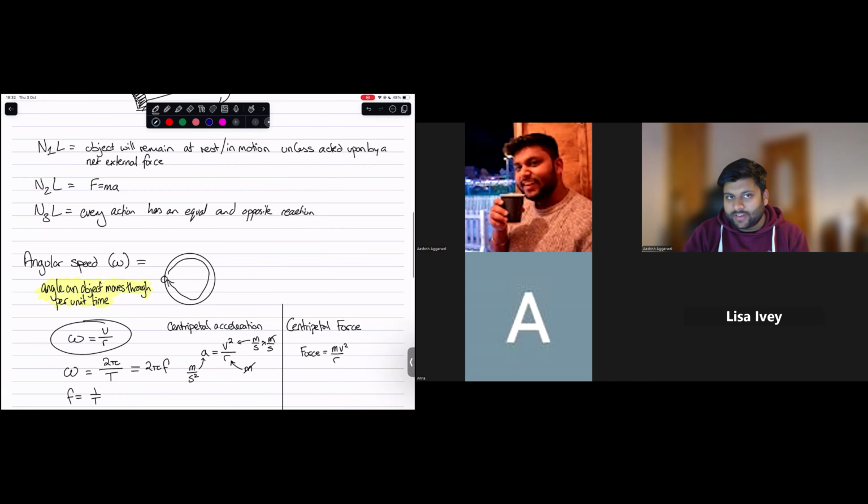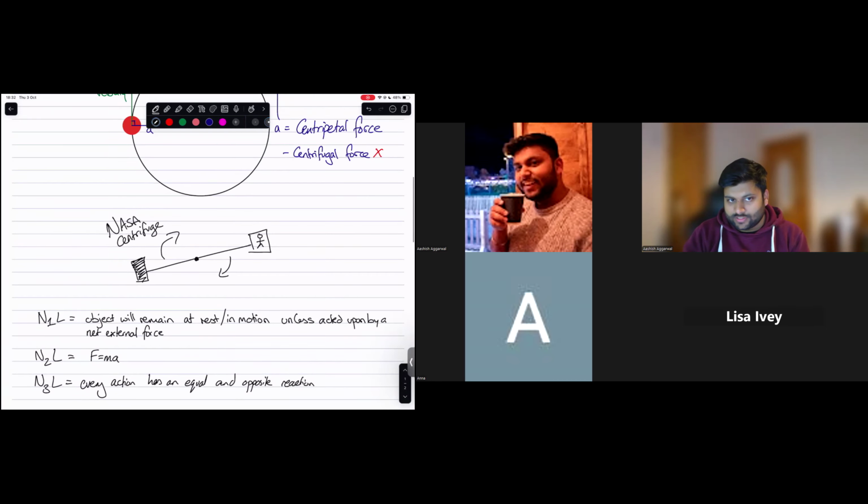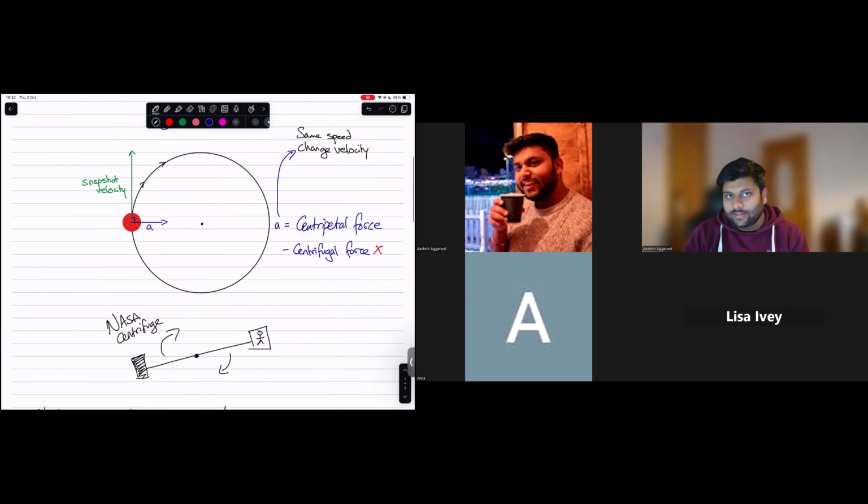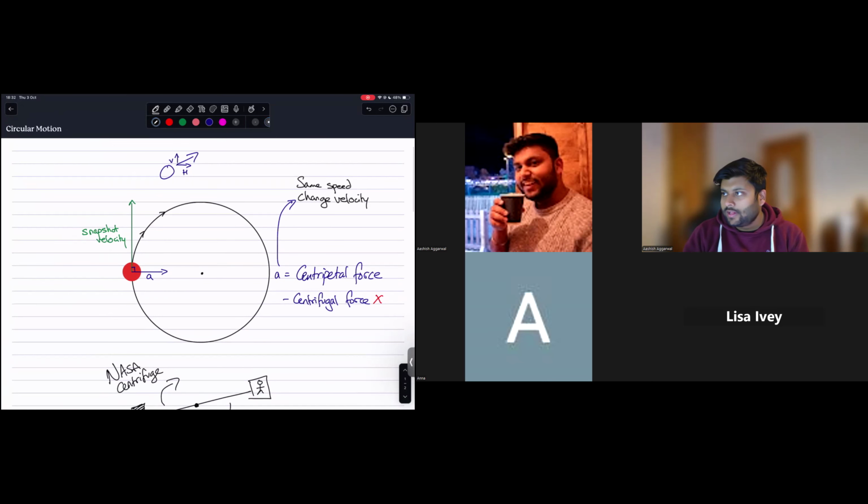Yeah. The concept of angular speed and how centripetal forces and stuff work. Because I'm thinking I'm going to pull up some questions next. Some multiple choice ones just to get us warmed up.